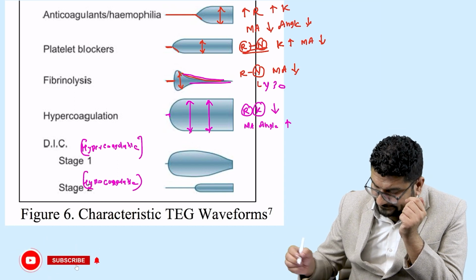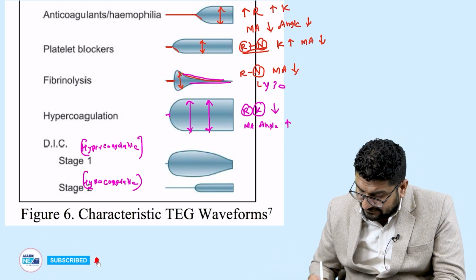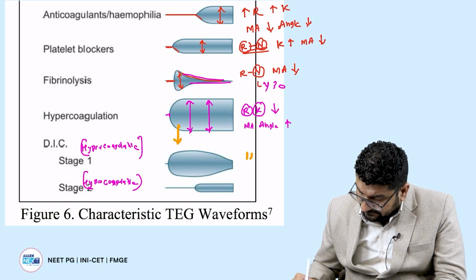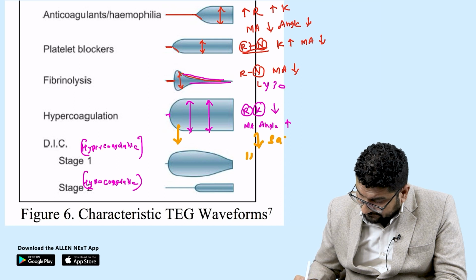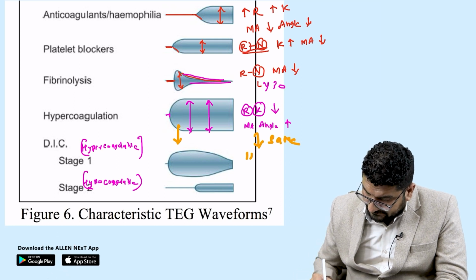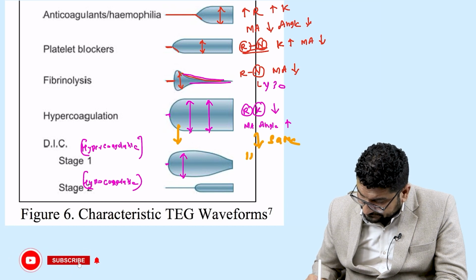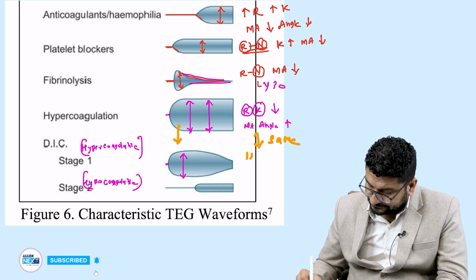So stage 1 will be exact similar to जो हमने ऊपर लिखा था. Means आप देखोगे same thing, same as this, everything is same. Means R K is shortened, maximum amplitude is more, right? Angle is more.